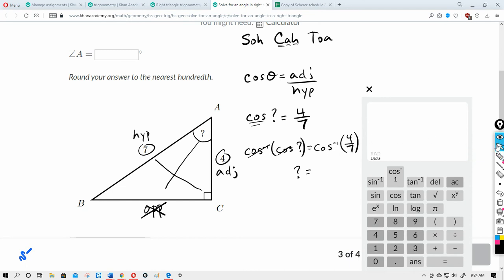Go to your calculator. Inverse cosine is right here. Okay, it says cosine to the -1. And in the parentheses, you write 4 divided by 7. Close parentheses and hit equals. Okay. And it says round to the nearest hundredth on all of these problems. That's 2 decimals.